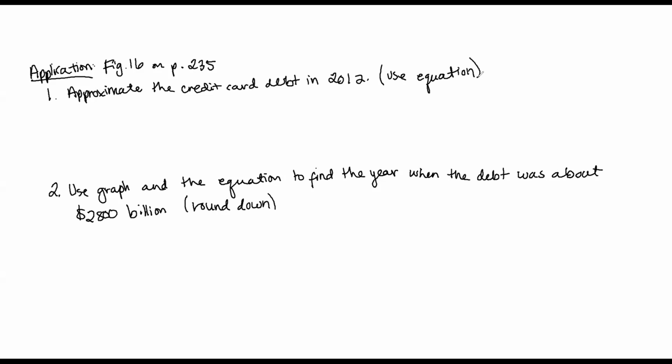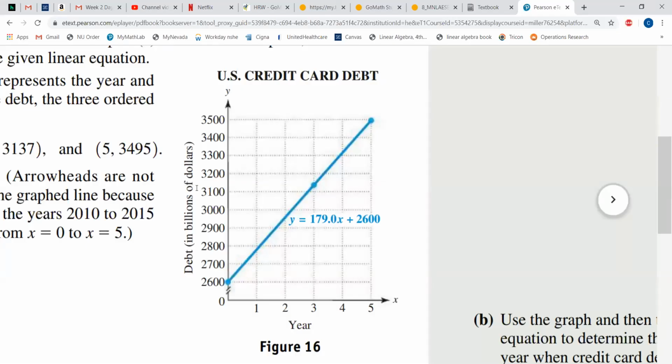So let me switch over to this. So here we're given this equation 179x plus 2600. And so our x is the years and the y is the debt in billions of dollars. So our first question said approximate the credit card debt in 2012.